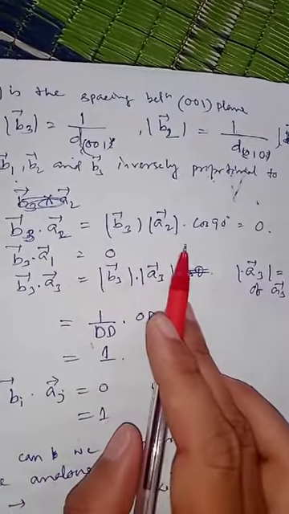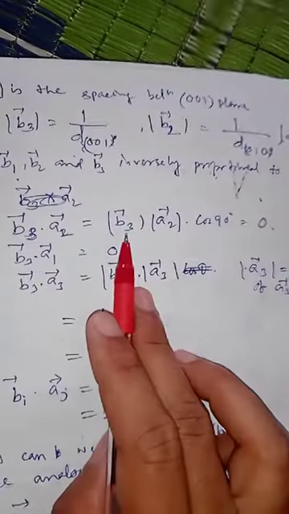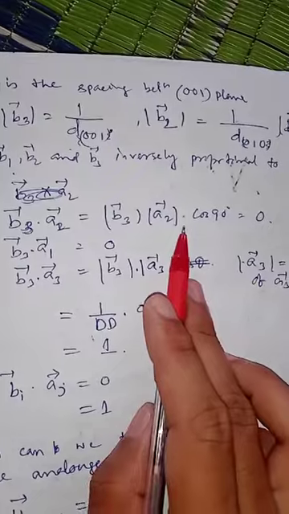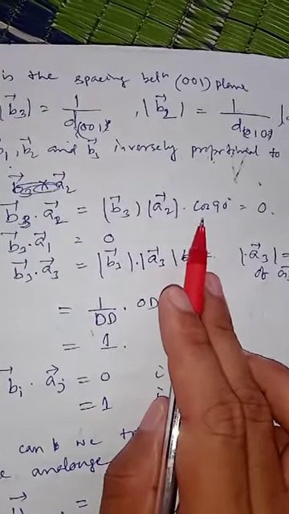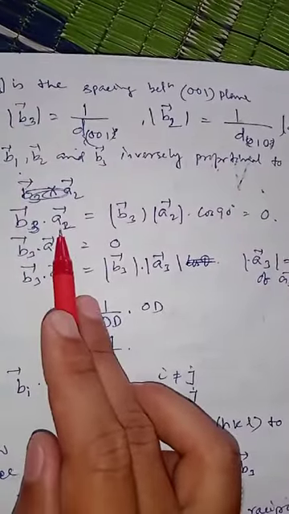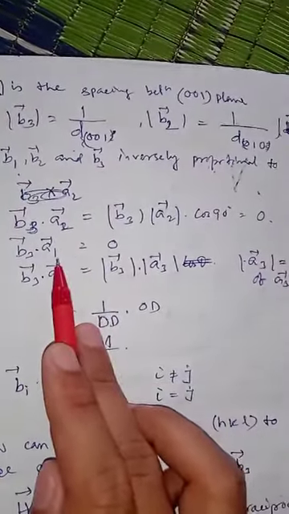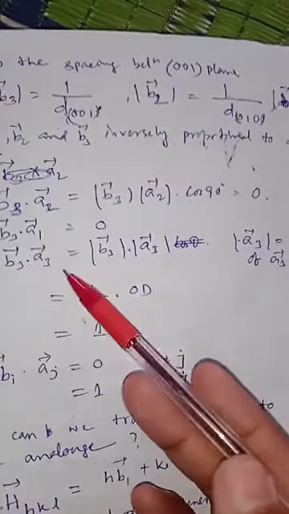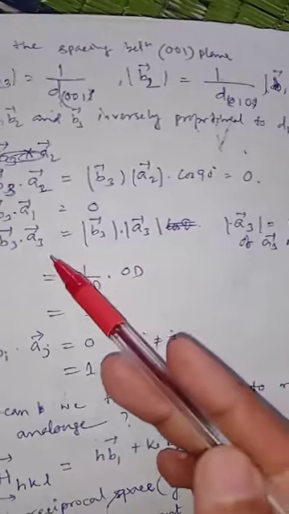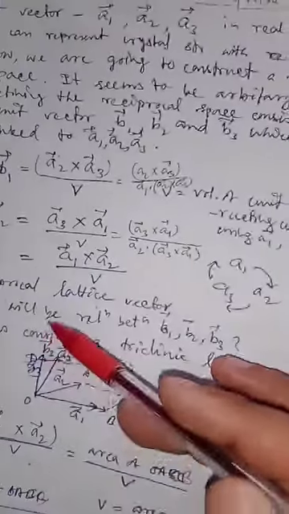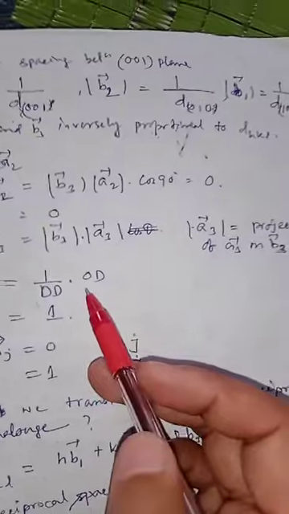The dot product will be cos theta, the angle between these two vectors. So B3 dot A2 is cos 90 degrees, which will yield 0. So B3 dot A2 is 0, and B3 dot A1 will also be 0. But B3 dot A3 will be different because B3 and A3 are both directed in the upward direction, so they make an angle of 0 degrees.